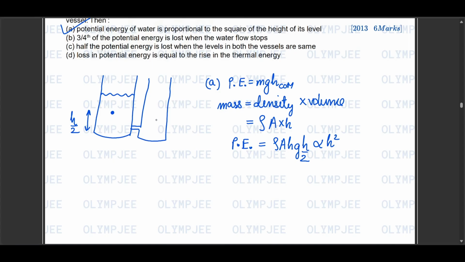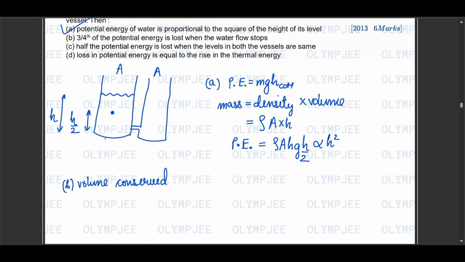So let us find out what the height will be in each container. Since they are identical containers, the cross section would be A in both. And if initially the height is h, then by volume conservation, the volume of water is conserved in both the vessels.